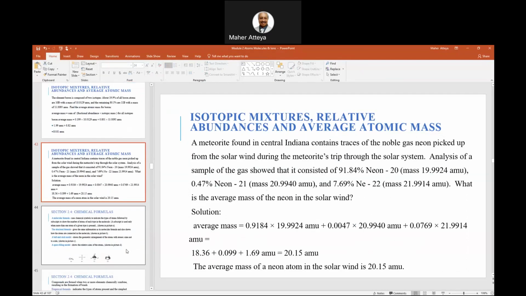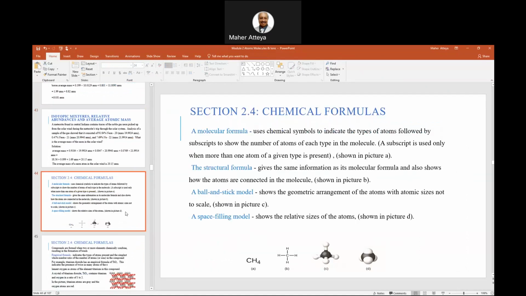Any question about the isotope and their relative abundance? Any question about this, guys? Those who came late, I would like to just put emphasis. I would put the study guide with the questions. They might appear in the quiz and the exam.